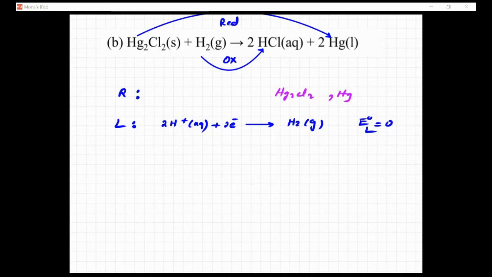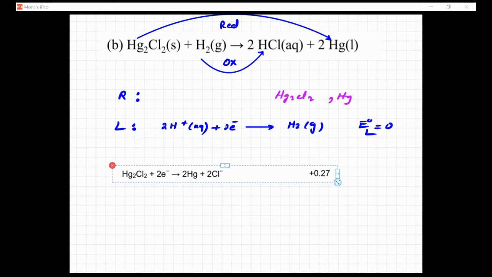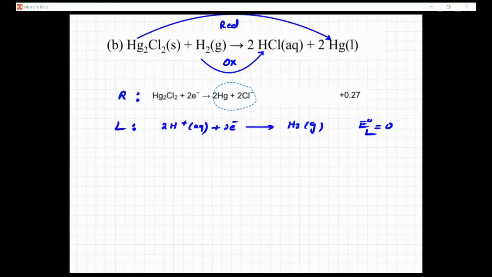So now I have this. Okay, so we'll use it now here. So this is on the right.